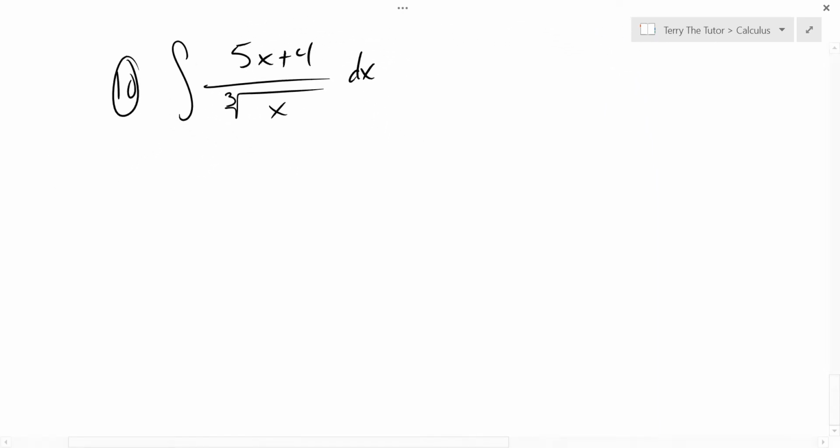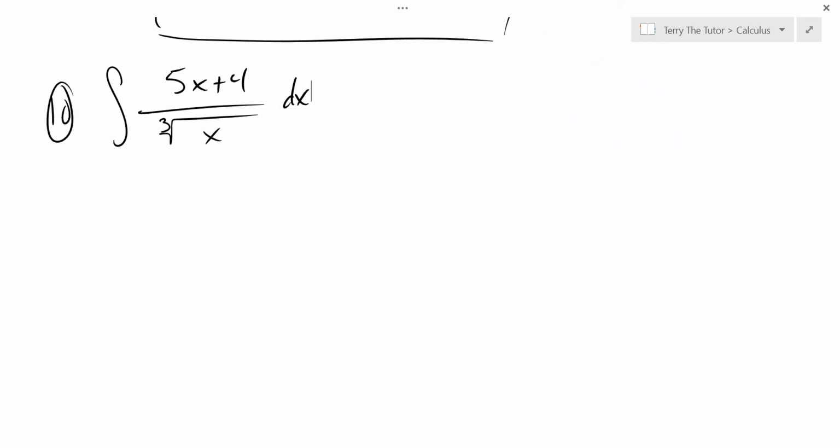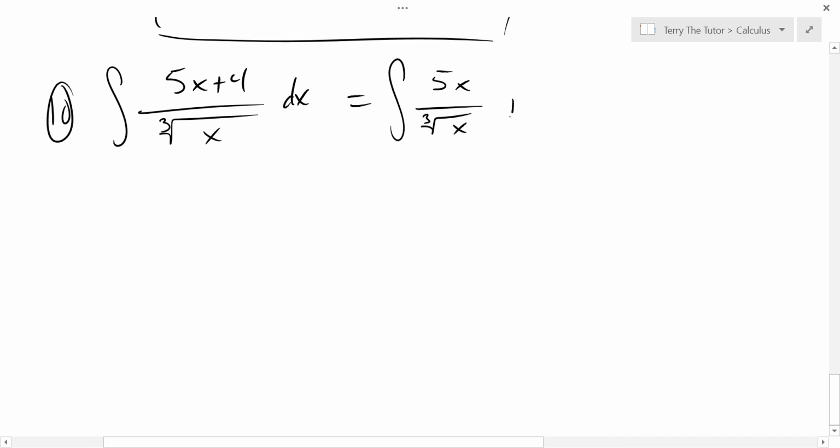I'm going to do the same technique, probably a technique you're going to need to know for your test. We're going to need to break up the numerator. So we wind up with the integral of 5x over the third root of x plus the integral of 4 over the third root of x. Of course, both dx. Can't forget that.